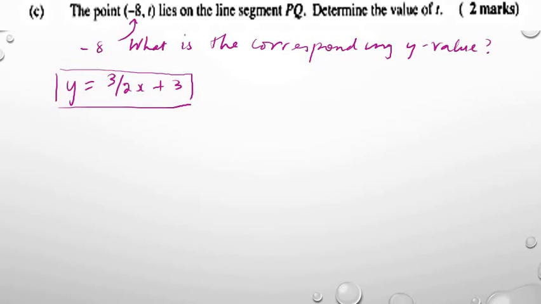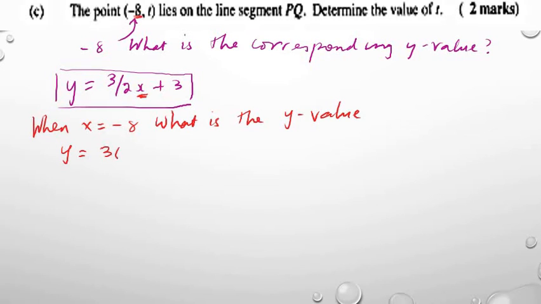And I'm going to substitute the value of x here for -8. So when x is equal to -8, what is the corresponding y value? So y is equal to 3 on 2 times -8 plus 3.